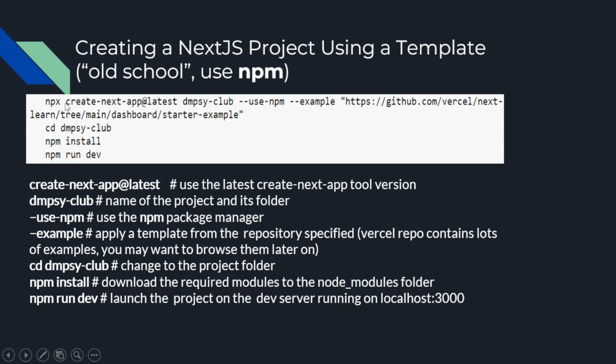What create-next-app@latest means is to use the latest create-next-app tool version to create the application. Dempsey Club is the name of the project and its folder. If you remember my demonstration last time in the introduction lecture. Use-npm means using the npm package manager.